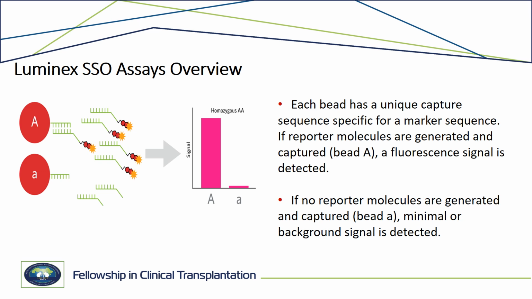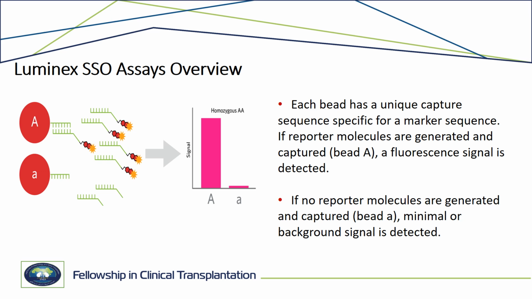When you look at the graph on the right side, you can see that the signal for capital A was higher than the signal for small a. This means that this patient is expressing capital A.